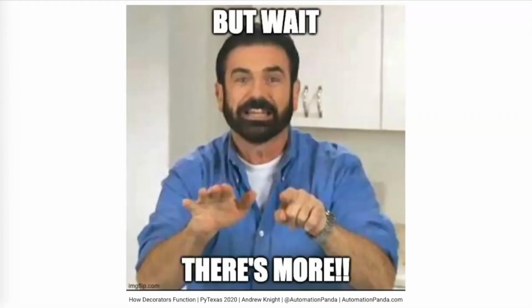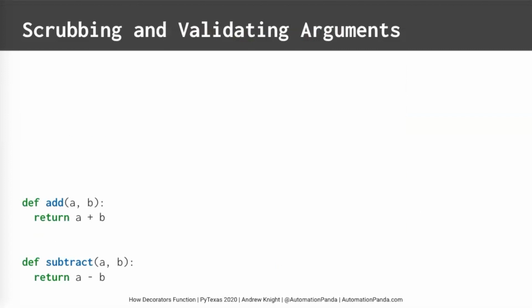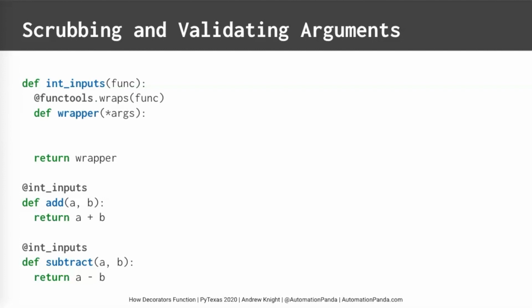But wait, there's more. You can scrub and validate function arguments. Check out these two simple math functions, add and subtract. Create a decorator to scrub and validate inputs as integers. Add the wrapper function and make sure it has positional args.